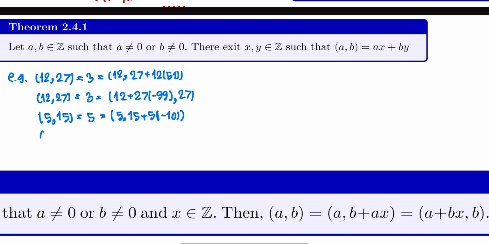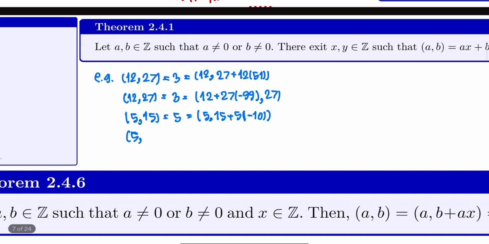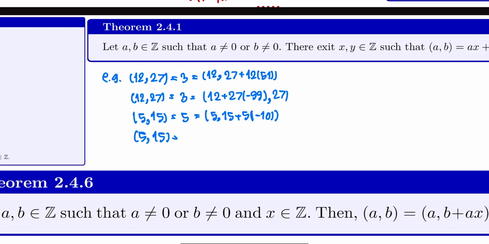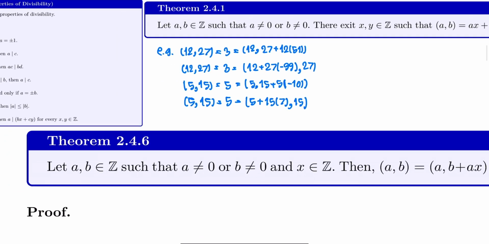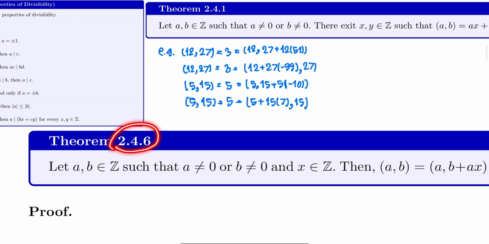Or another case, the greatest common divisor of 5 and 15, which is 5, turns out to be 5 plus the second number, 15, multiplied by, let's say, 7. Okay, and the second number remains the same, which is 15. So this is how to use Theorem 2.4.6.